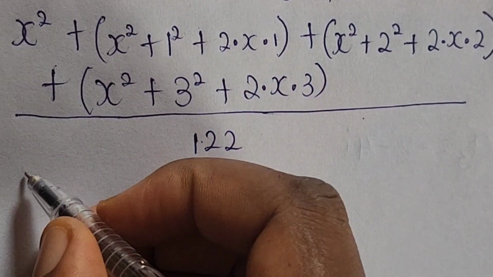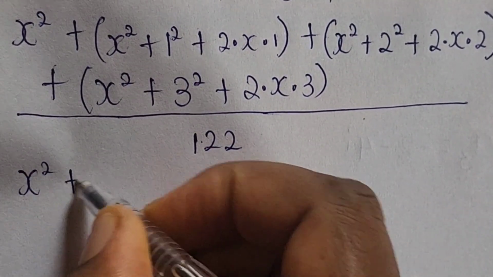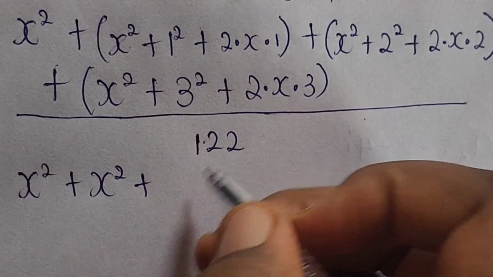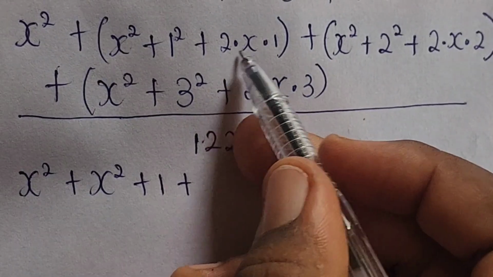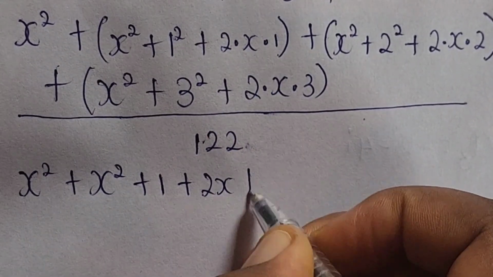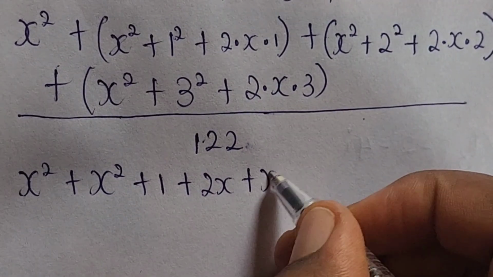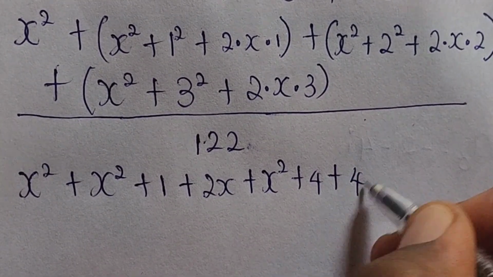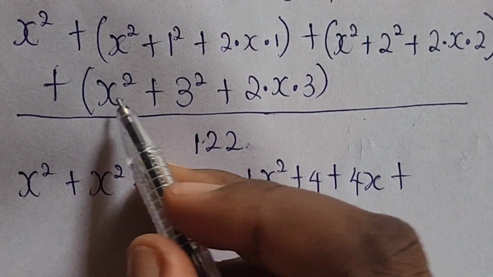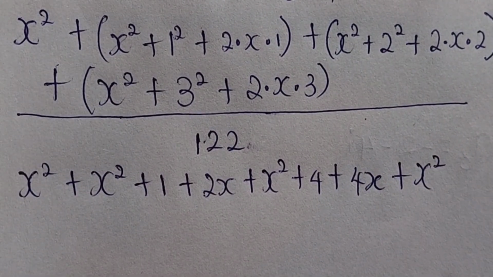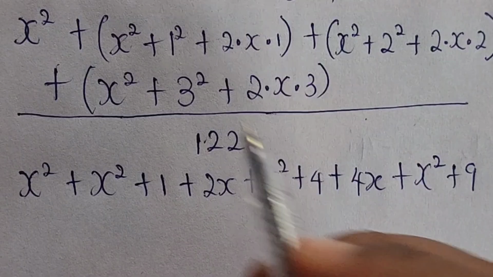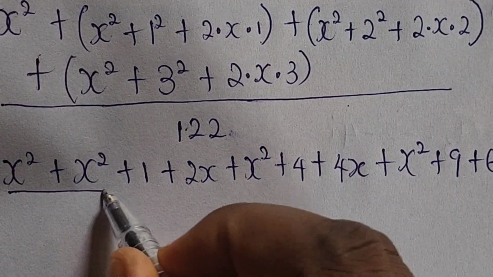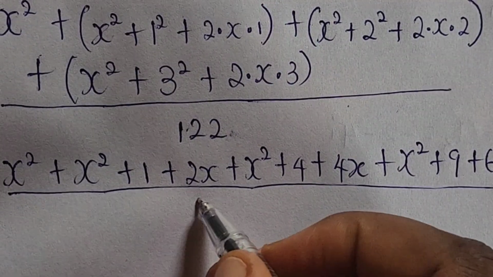So opening this bracket, we have x squared, plus we have x squared here plus 1 to the power of 2 is 1, plus this will give us 2x, plus we have x squared, we have 4 and we have 4x, we have x squared, we have 9 and we have 6x, and we have all over 122.